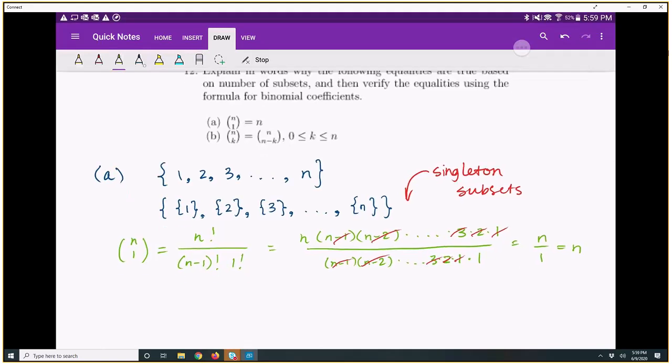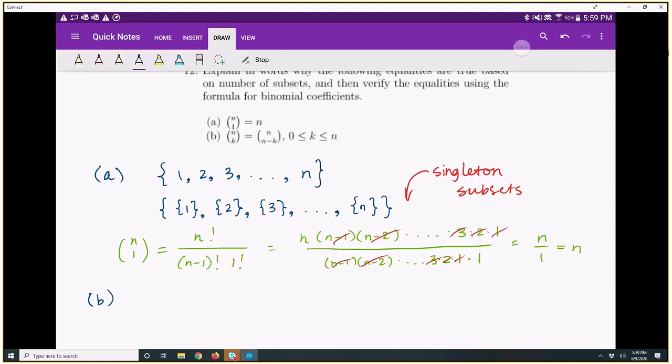Now what about B? B says that n choose k should be equal to n choose n minus k. So if we think about it in terms of subsets, n choose k is how many ways can I pick any k elements to be in a set.